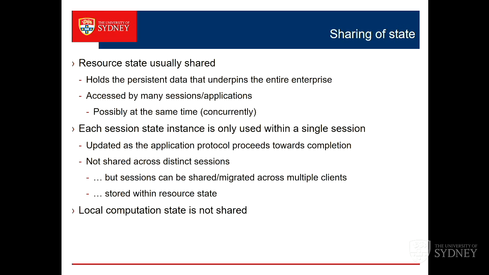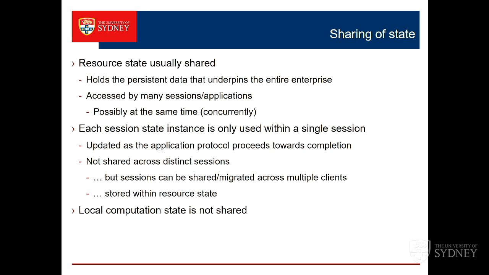Now we start getting on to the more interesting stuff. Sharing state. Resource state is usually shared. I've got lots of applications. I might be running lots of applications concurrently because I'm supporting lots of customers, lots of sessions concurrently. So that resource state, because that's underpinning my entire organisation, has to be accessed by all of those.